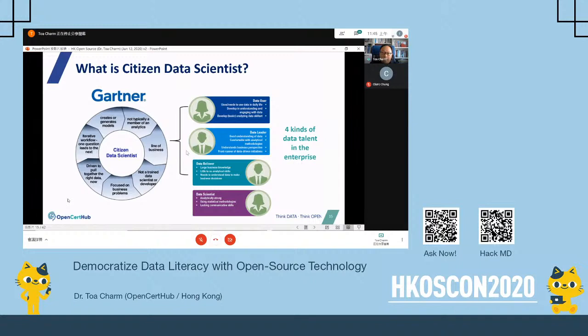One is definitely the citizen data scientist, but you also need the data users, the data leaders, and the data believers. These data believers, data leaders, and data users are all data talents, non-technical data talents, put it this way. This is something you need to build up so the company becomes a data-driven company.